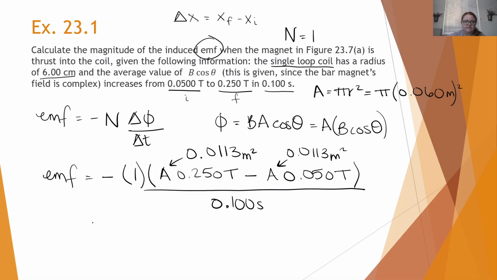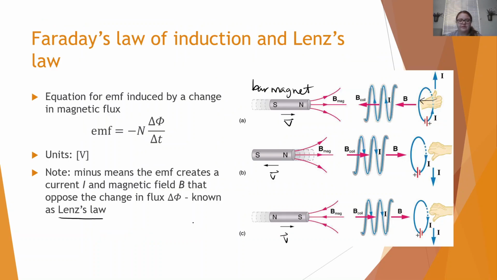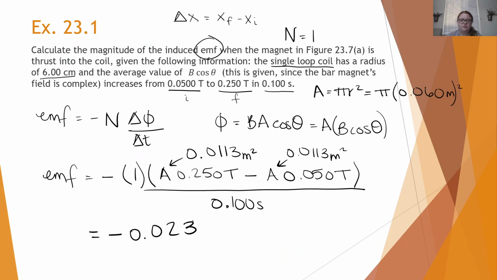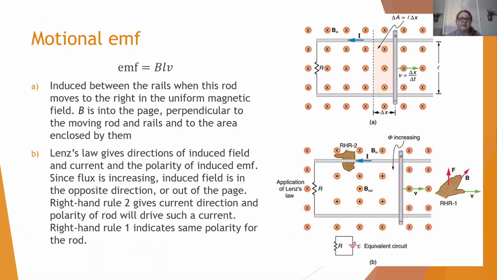So our EMF is equal to negative 0.023 approximately. And we can look back and see what our units are for EMF, and that is volts. So this will be in volts. All right, so I'm going to stop here and then we'll continue in the next video.